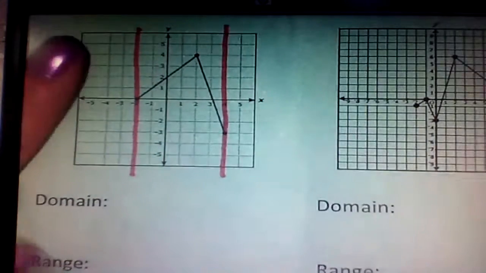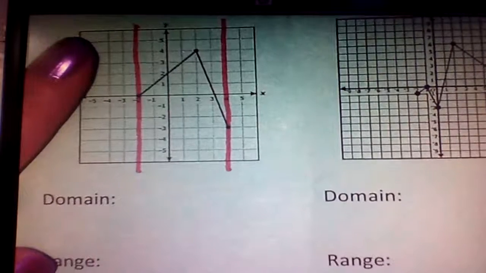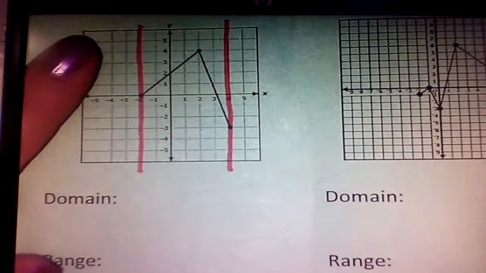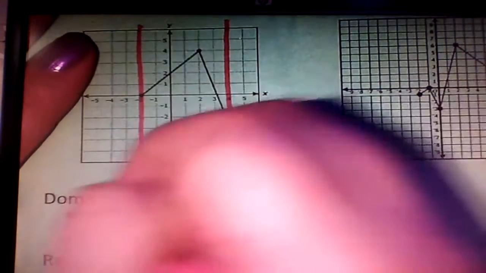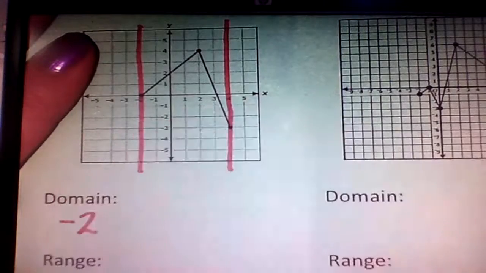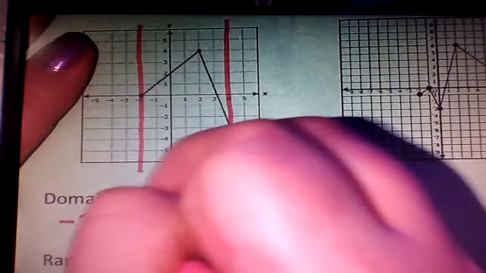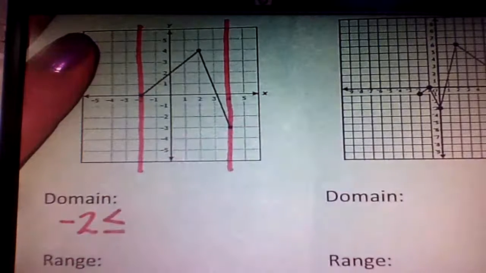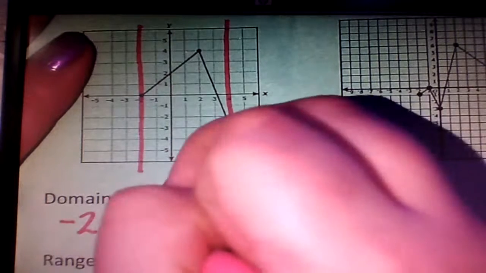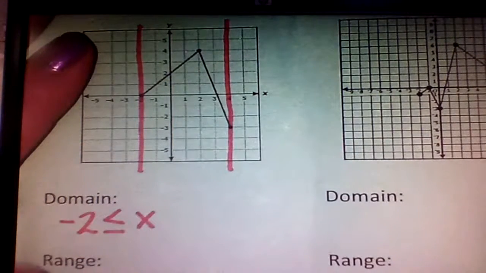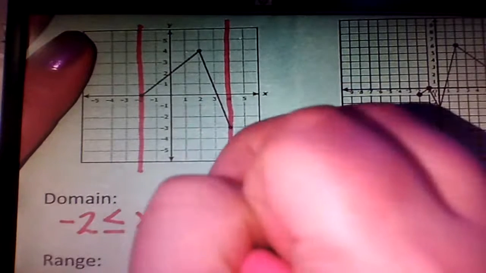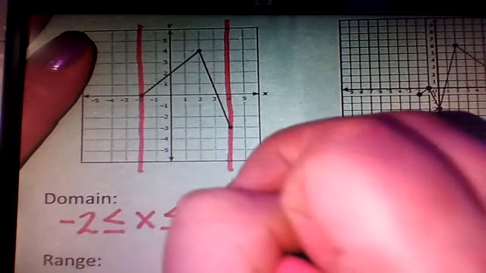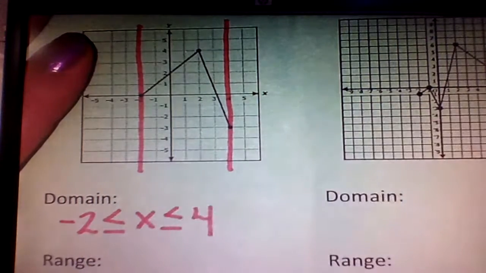Okay, and my graph is continuously flowing in between those two. So that means my domain is -2 is less than or equal to, because it's a solid dot, which means -2 is a point on my graph, and domain is x's, so it's x, which is less than or equal to +4.